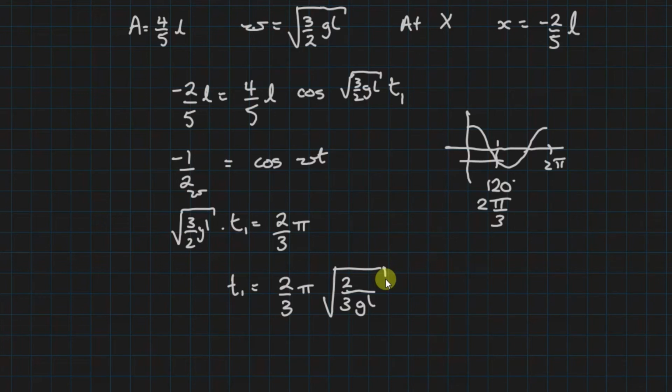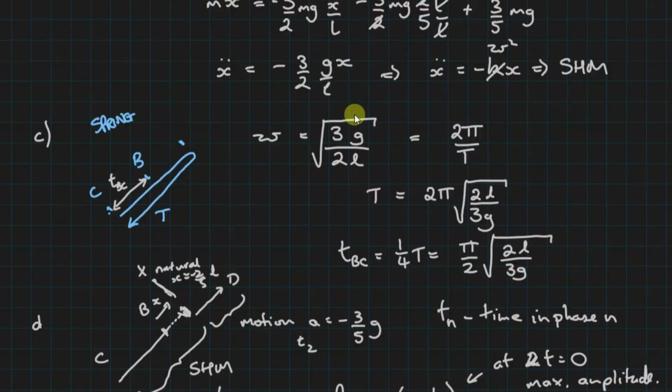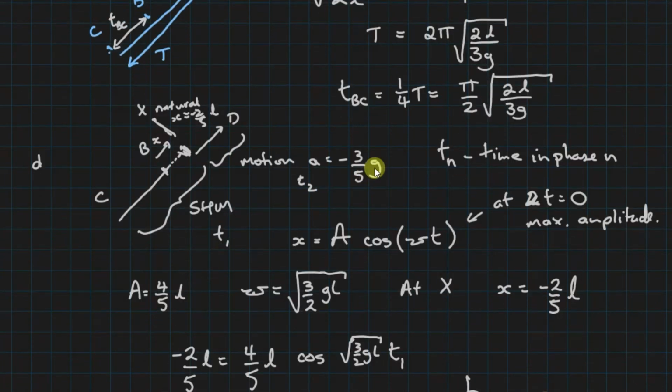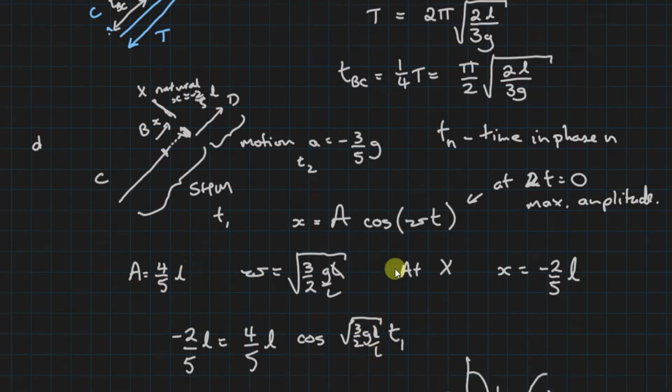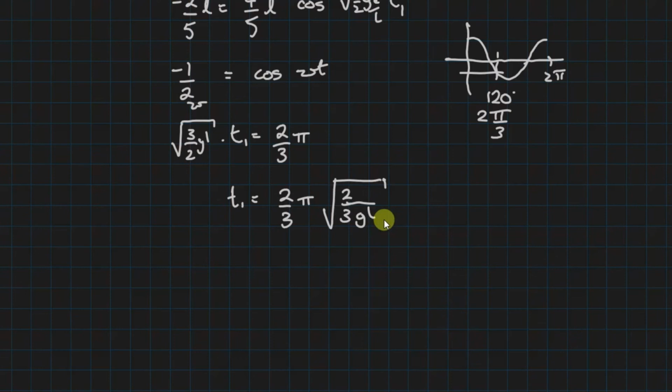I've got a feeling I've got something wrong in the L somewhere. We've got the L in the wrong place. Dimensionally it didn't look right. So going back, you get L on the numerator.